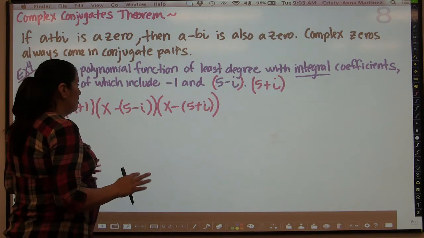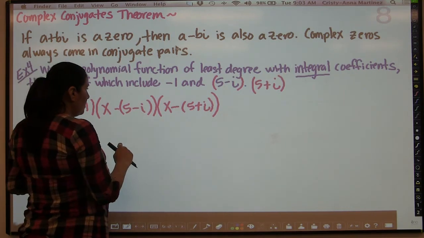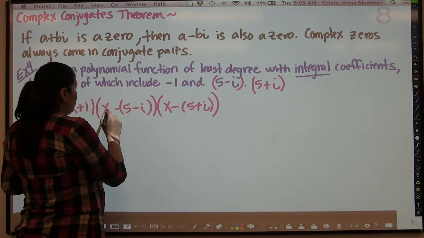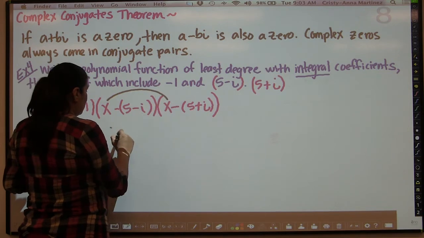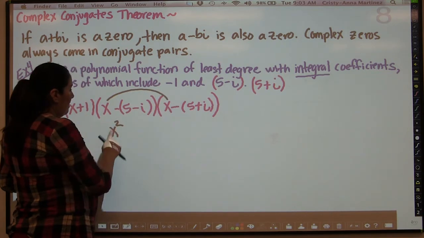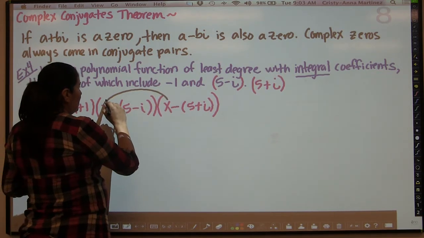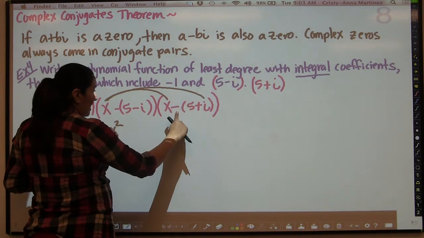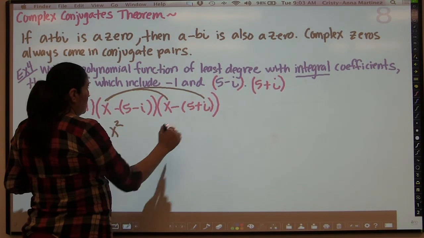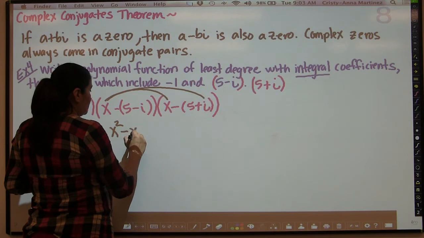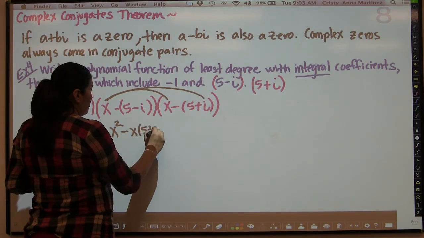So we're going to basically FOIL this. First times first is x times x, that's x squared. And then outside times outside is x times -(5 plus i), so that's -x times (5 plus i).